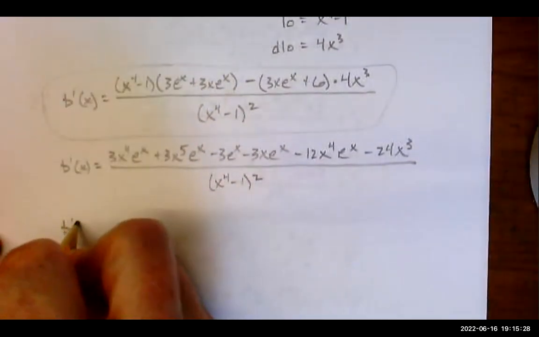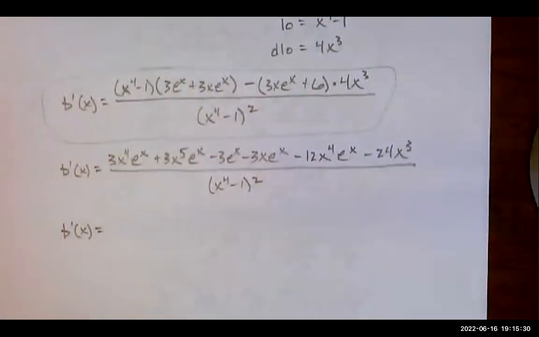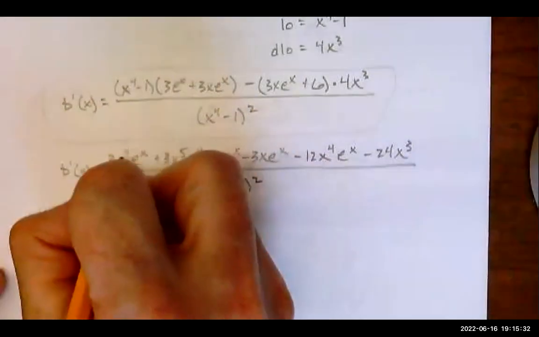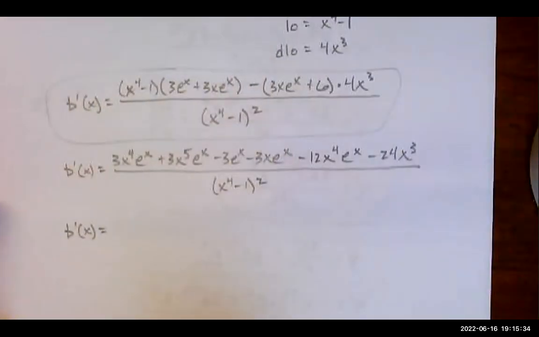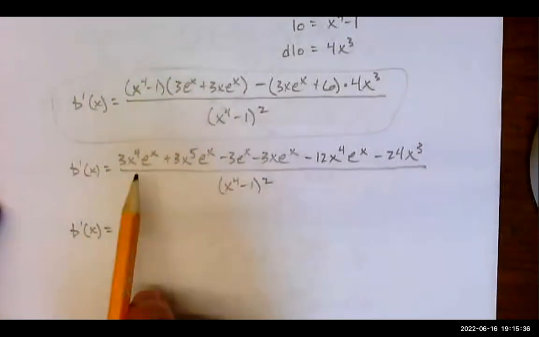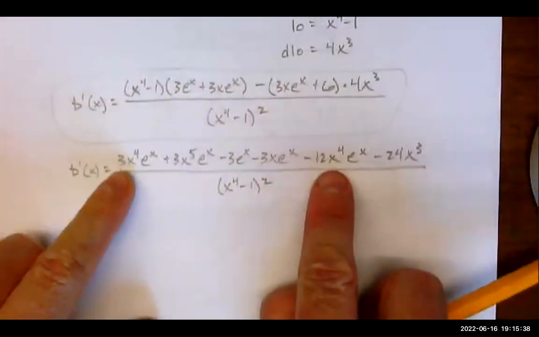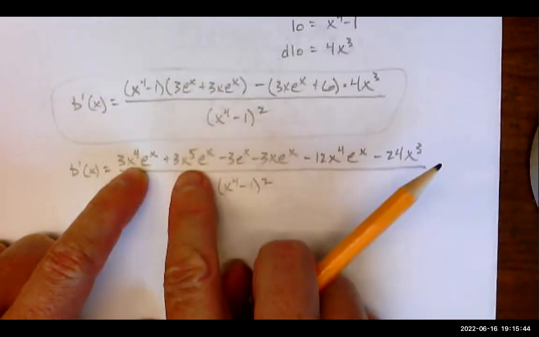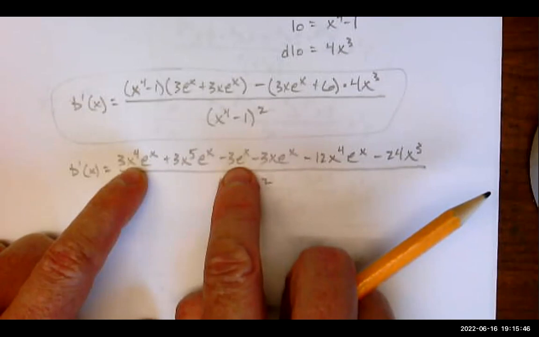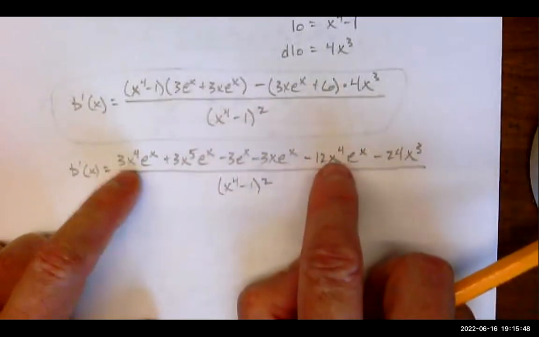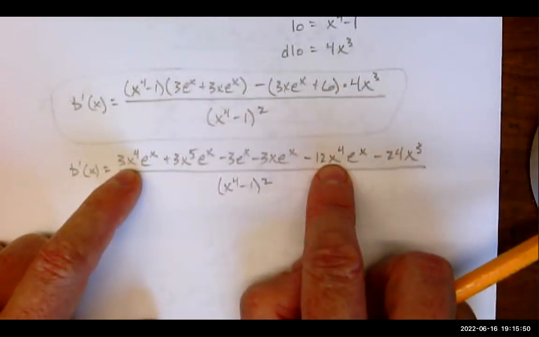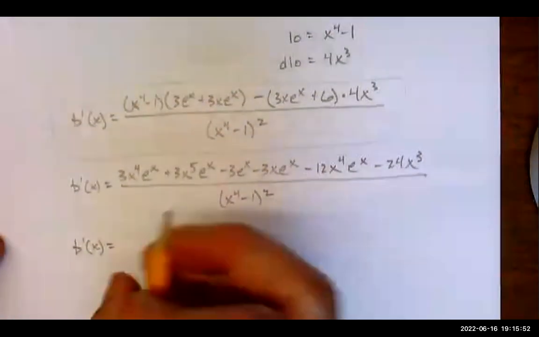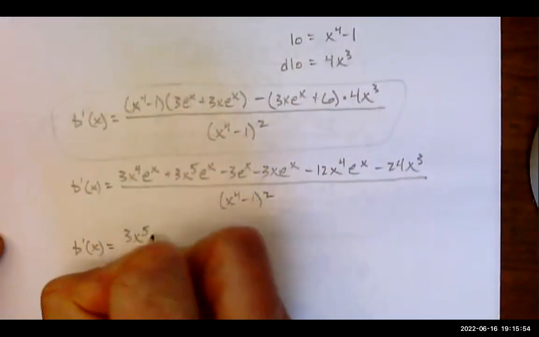Do we have any like terms, I should say? I don't know if we do. Oh, wait, we have these x to the 4ths e to the x. That's a 5th. That's just e. No, okay, there are. So those we can combine. Let's put the 5th power in front: 3x to the 5th e to the x.